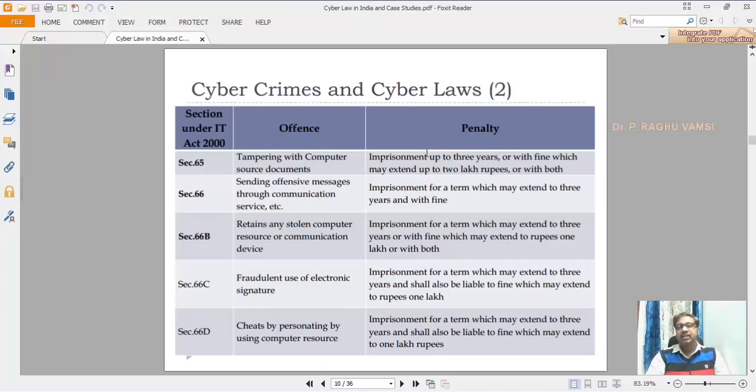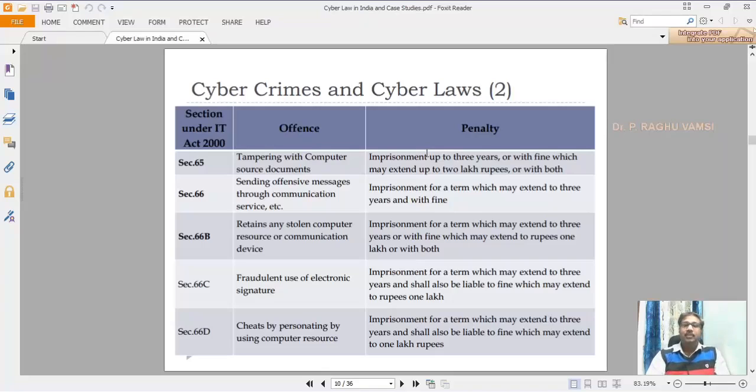Imprisonment for a term which may extend to 3 years, or with fine which may extend to rupees 1 lakh, or both. Section 66C, fraudulent use of electronic signature. That means it is like forgery, forgery of electronic signature. Then imprisonment for a term which may extend to 3 years, and shall also be liable to fine which may extend to rupees 1 lakh.